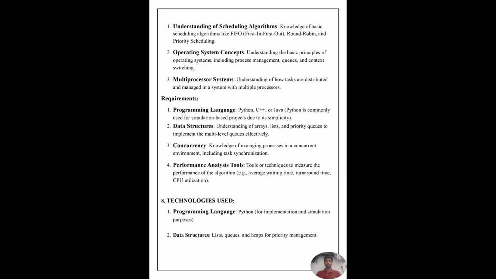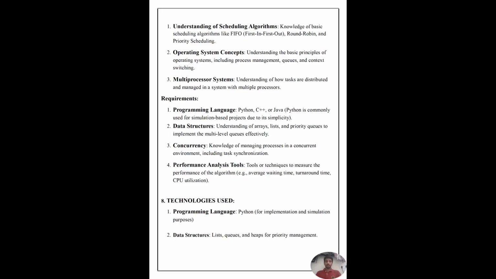Operating system concepts means understanding the basic principles of operating systems, including process management, queues, and context switching. The next is the multiprocessor system: understanding how tasks are distributed and managed in a system with multiple processors.